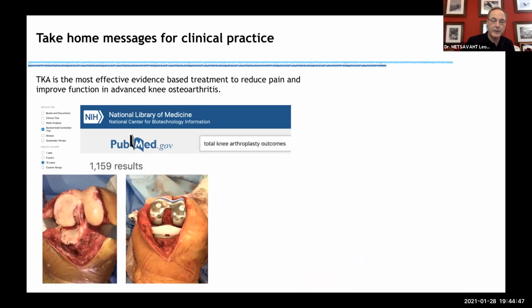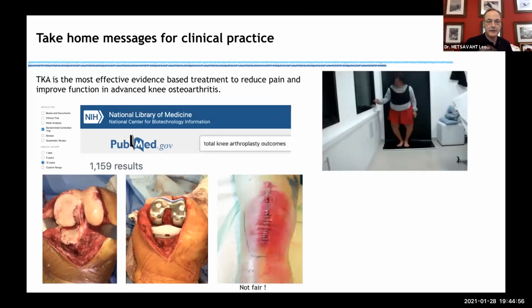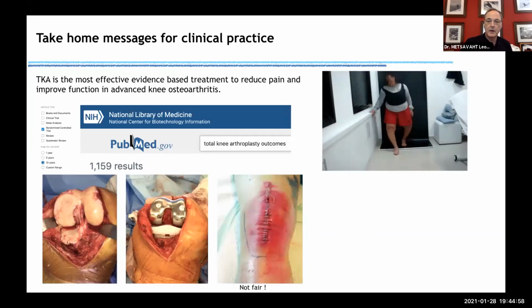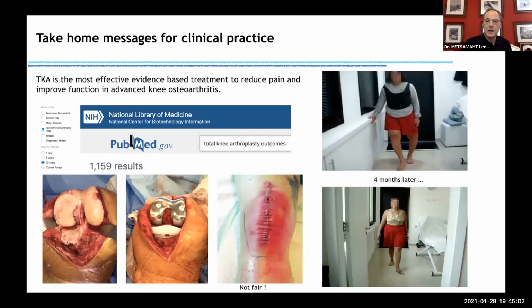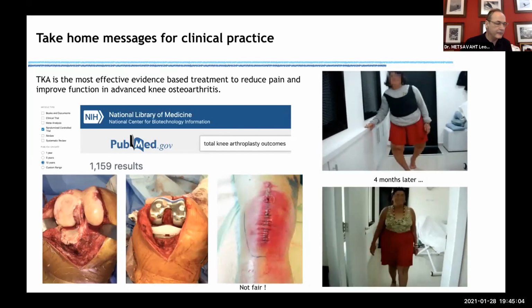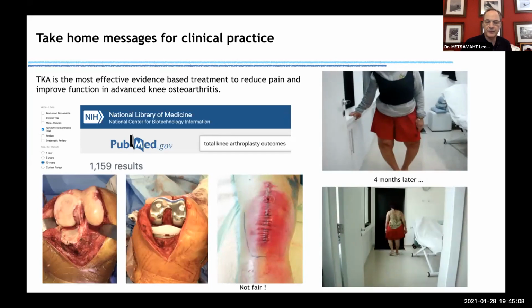So it's very well studied. And it is unfair to say, wow, risk of infection, risk of surgical problem. No, really, total knee arthroplasty is a very, very good procedure, very effective, and it works very well.